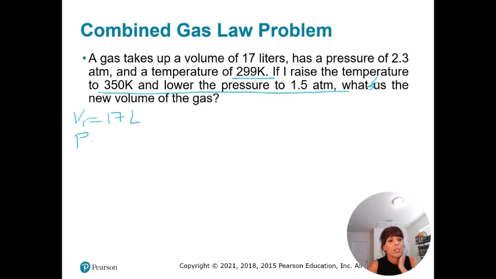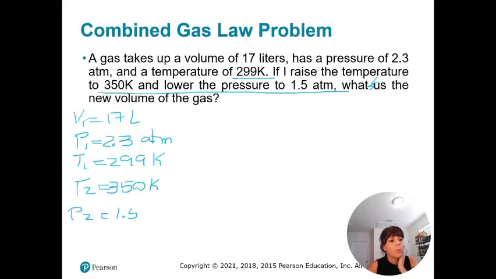My pressure 1 is 2.3 atm. My temperature 1 is 299 kelvins. And now I have temperature 2, 350 kelvins, pressure 2, 1.5 atm, and I want to know the volume. Okay, I have all the data to use.